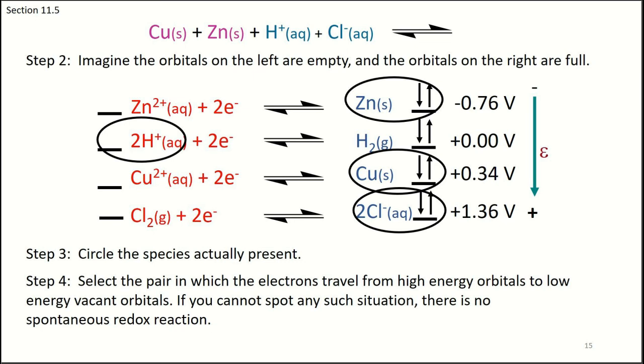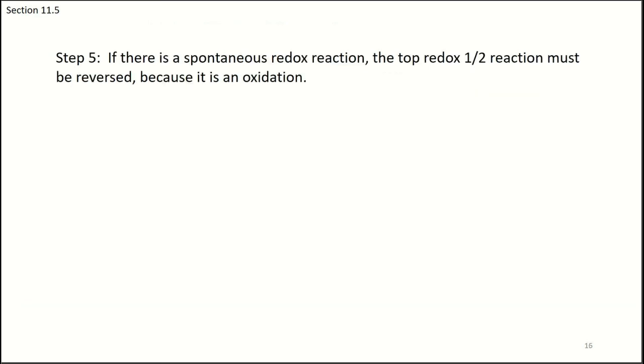And I see that in this example, I only have 1 empty orbital, that of which is present in the reaction with aqueous hydrogen ion. So the only spontaneous movement of electrons will be from that of zinc to that of the aqueous hydrogen ion. So the top 2 reactions are going to be the ones that participate in the net redox reaction.